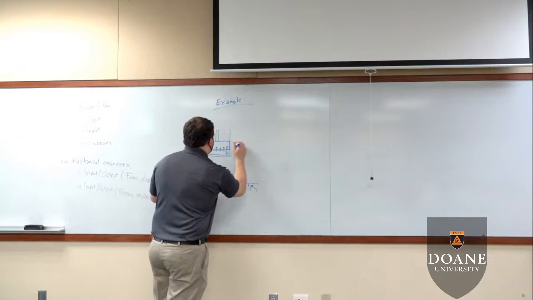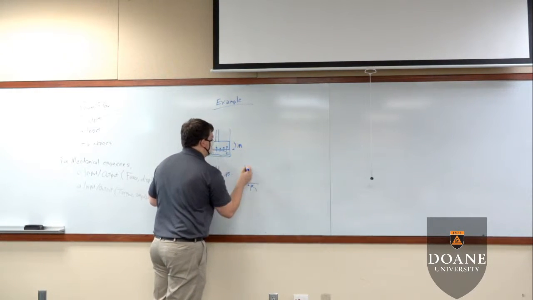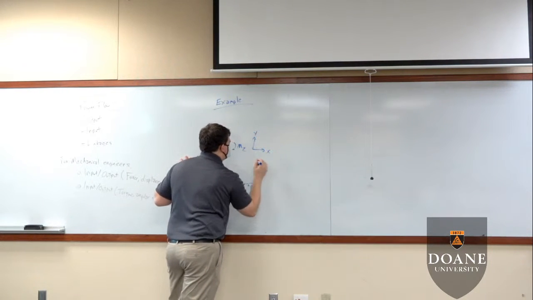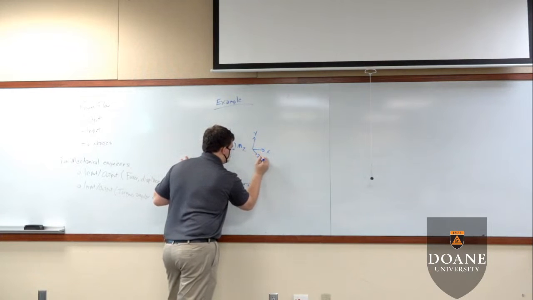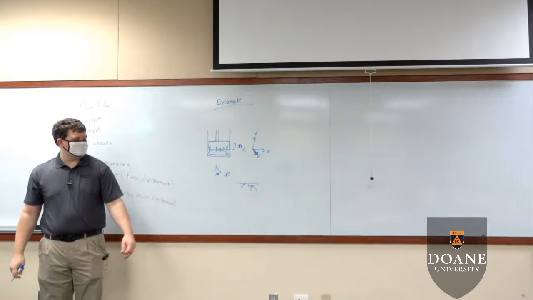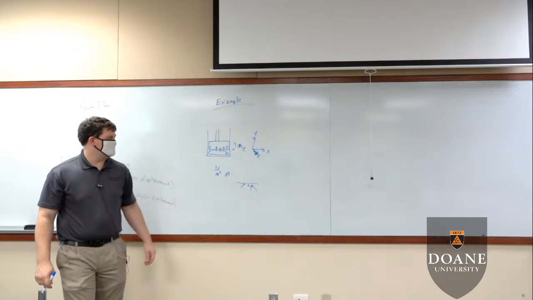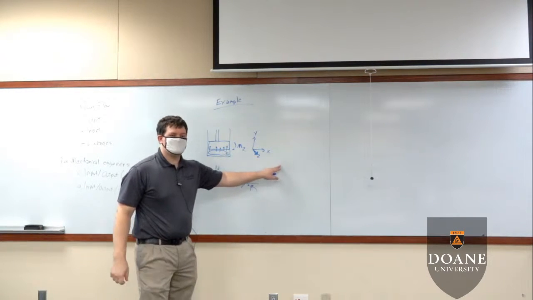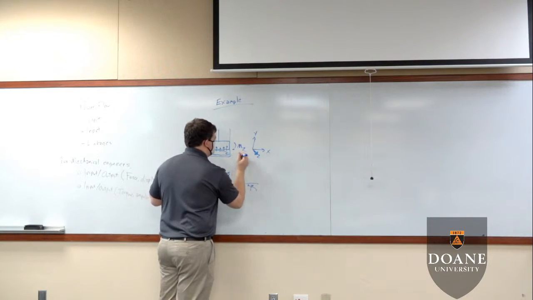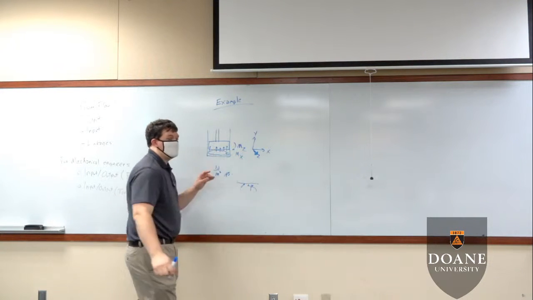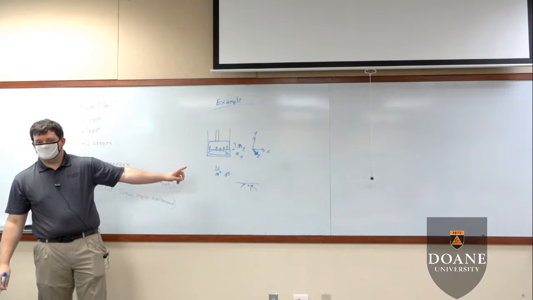So it's going to give me a moment about the z direction here, if this is our X, Y, and then Z directions, where Z comes out of the board. It's going to give us an MZ value. Similarly, if I grab on it and try to pull it this way, it's going to give me a moment about the x-axis. So we have an MZ, and we have an MX value that the connection can provide.